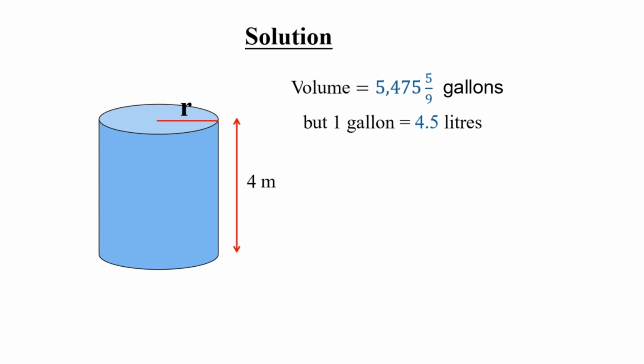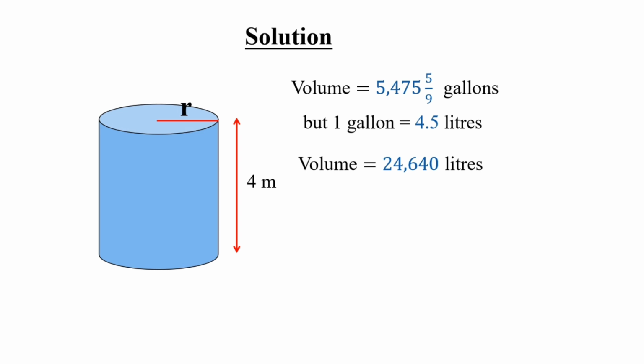We want to know the total amount in liters. It's just a matter of multiplying 5,475 and 5/9 by 4.5, and that gives us 24,640 liters. So that is the volume.